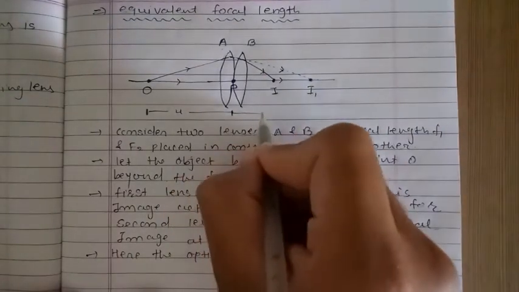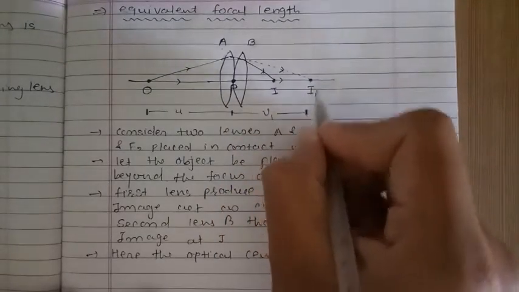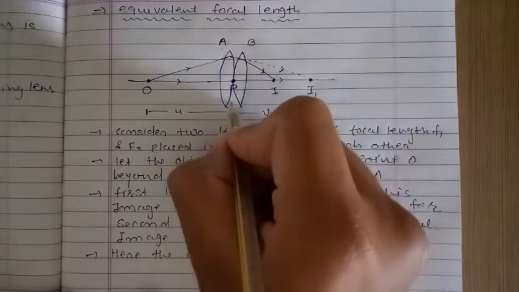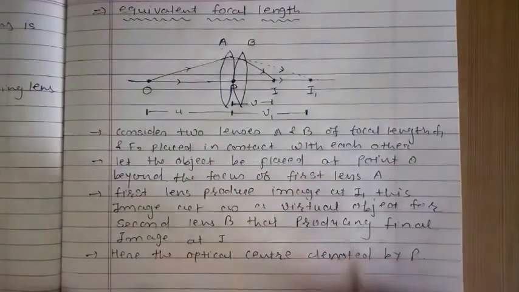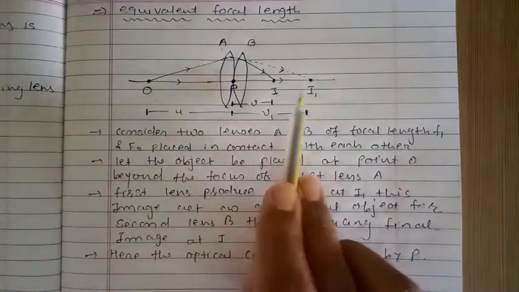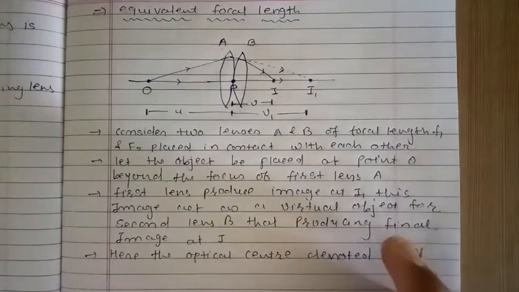So this is the image distance due to lens 1, which we denote by v1, and the final image distance from the optical center is v, right? So here there are three distances: object distance u, image distance v1, and final image distance v.